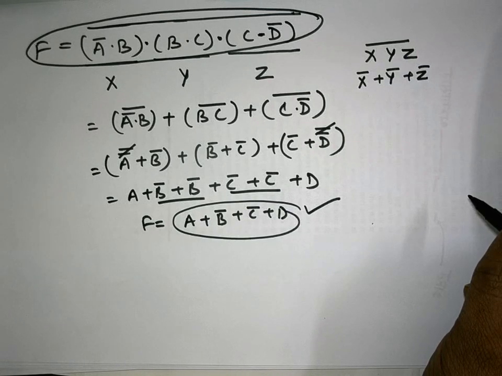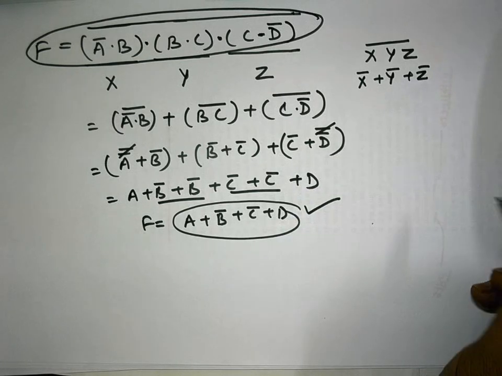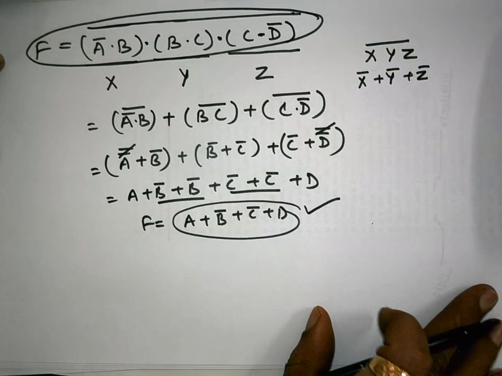So this circuit will be faster. Naturally you will opt for a digital circuit which is faster, consumes less power, and is ultimately less in cost. So this way we always opt for a simplified circuit.